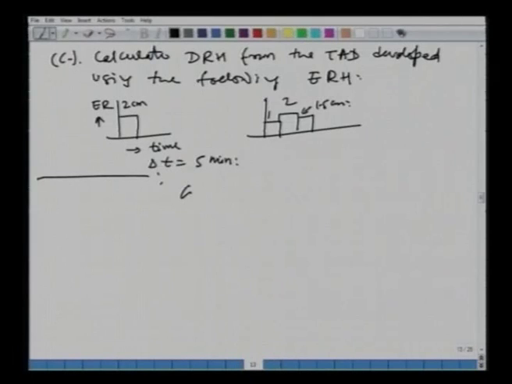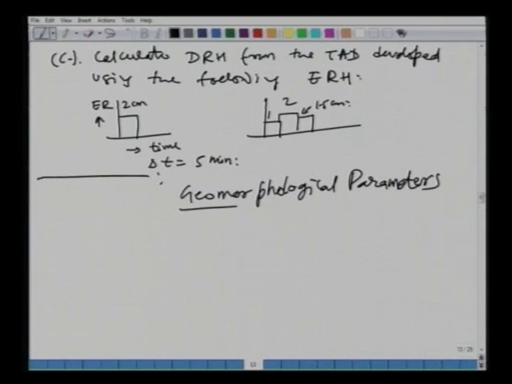is about certain geomorphological parameters. Okay. So, what we will do is we will look at if we do not have a lot of information about rainfall or the gauges in the catchment in terms of flow, then what we can do is we can take the topographic map of the catchment and then develop certain parameters or characteristics.